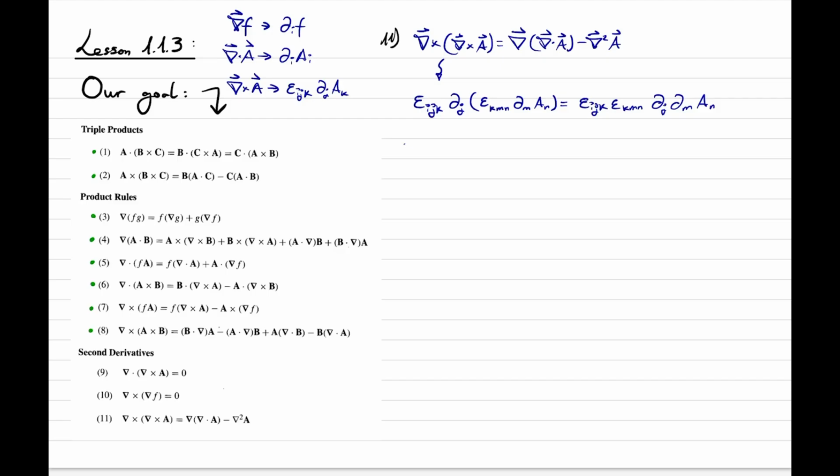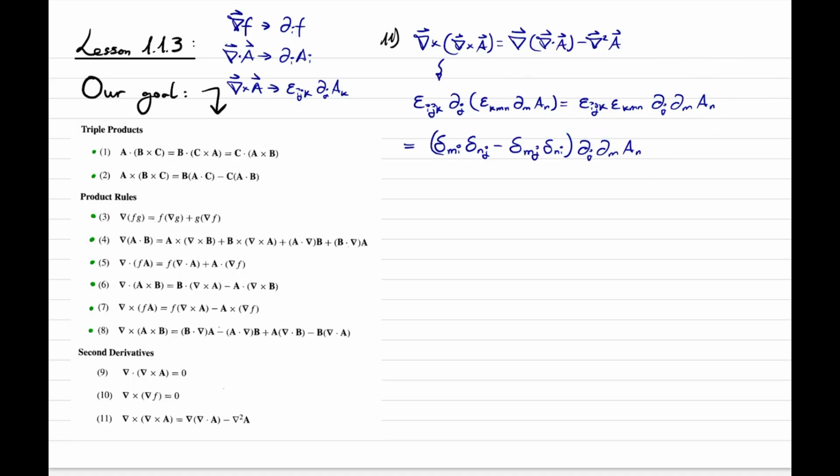So we are going to use again this property of the product of two Levi-Civita symbols, and we are going to have delta mi delta nj minus delta mj delta ni. And now we have here the same thing.